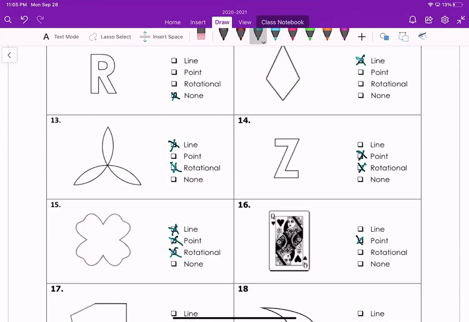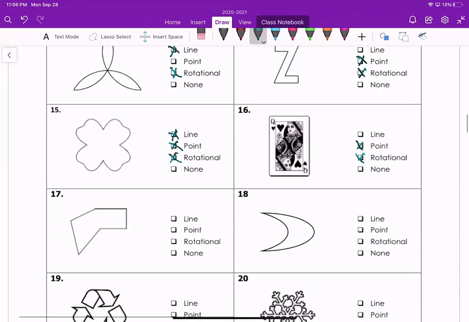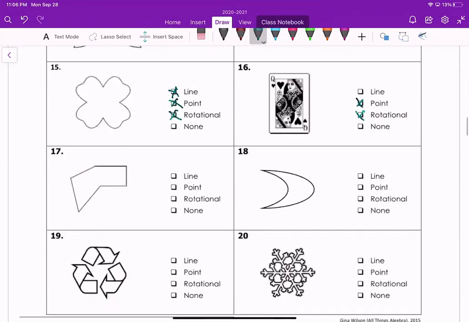So here, the Queen of Hearts. If you guys ever played poker or blackjack or any of those card games, the color of that should be obvious. And 17 is none, because if you look at the shape, it's all weird.